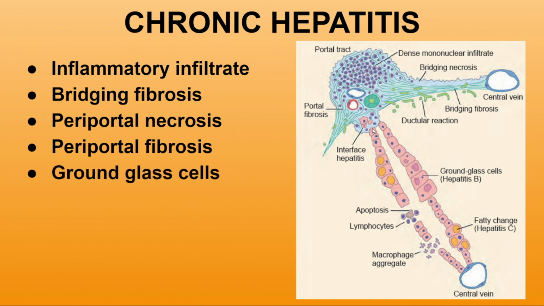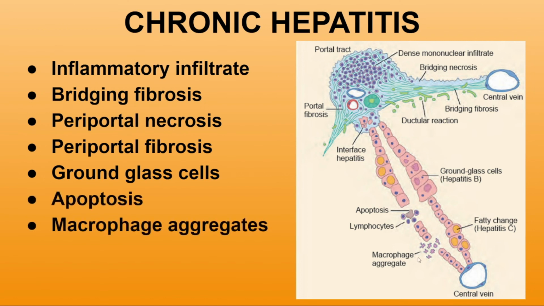Then we have the ground glass cells. The hepatitis B virus basically causes this type of ground glass hepatocytes in chronic hepatitis. Then we have the various apoptosis areas over here, macrophage aggregates and lymphocytes, and the fatty change because of the hepatitis C virus. So yeah, this was about viral hepatitis, acute and chronic.